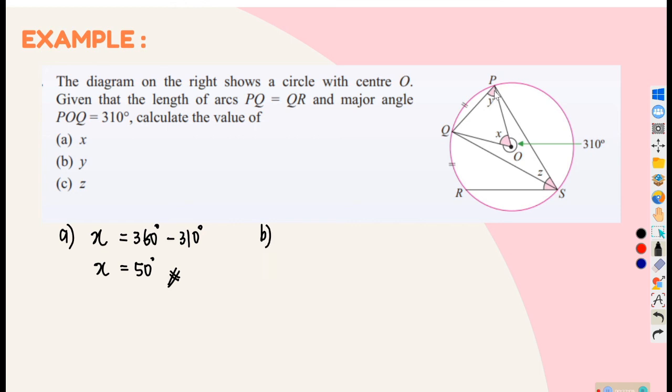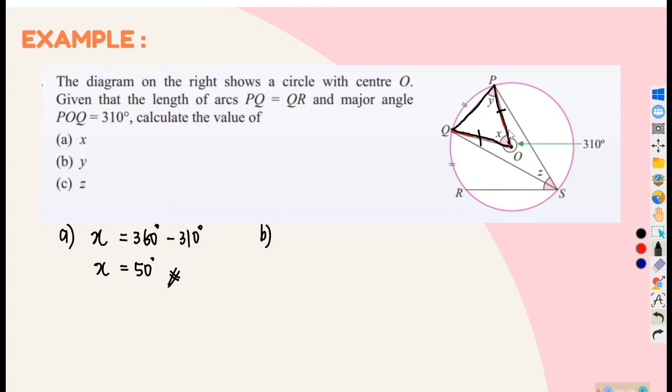As you can see, this is the radius, so this one is also radius, and this y will be in a triangle, which is an isosceles triangle.